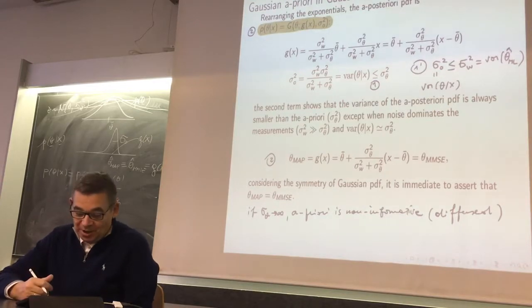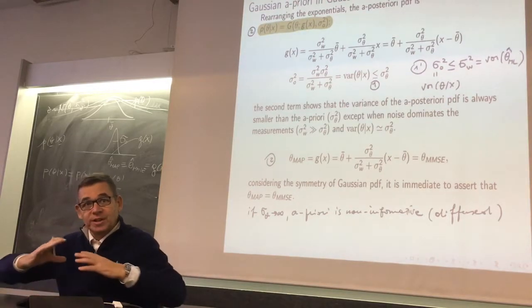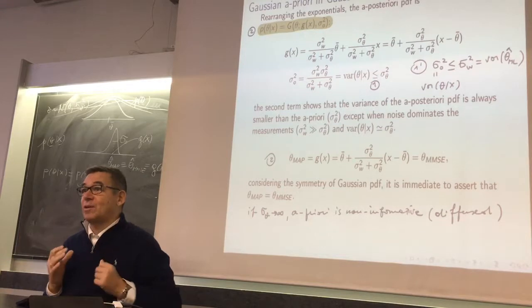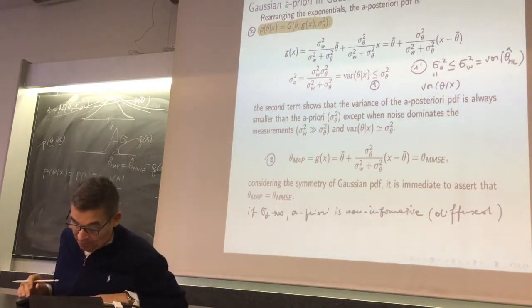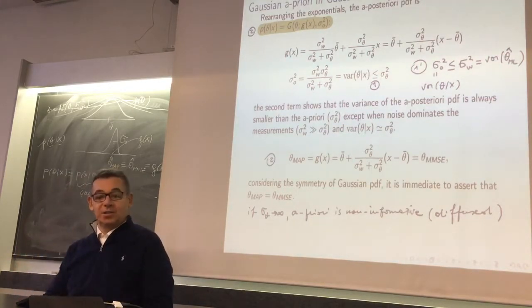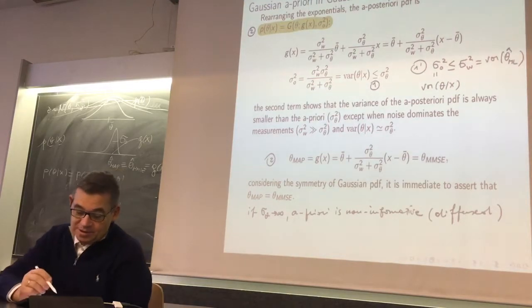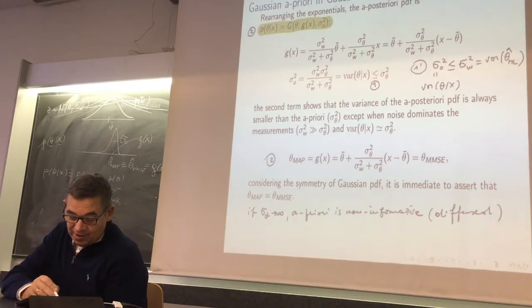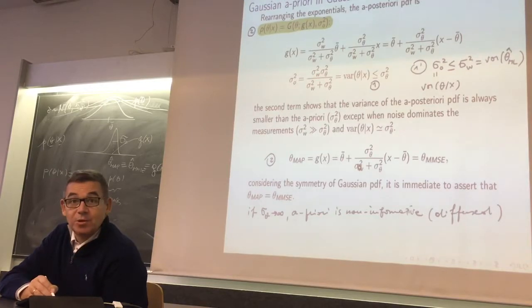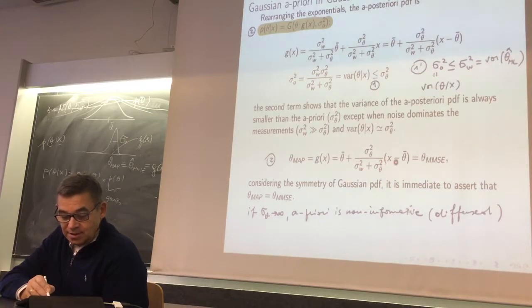Okay, so the broader sigma theta is, the less informative it becomes. Now, what's happening if sigma theta is going to infinity? I have theta plus... this sigma w counts as nothing. Then this one disappears. So I have theta minus x, so plus x minus theta.